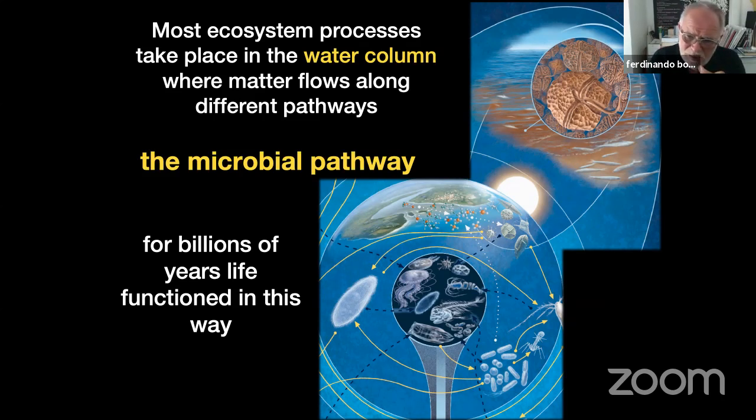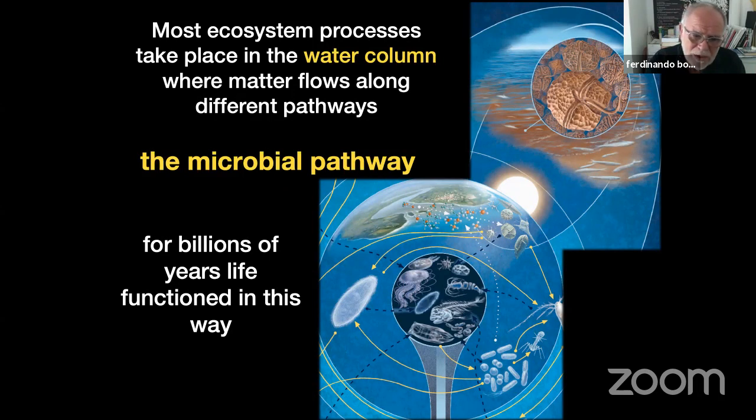The majority of the production on the planet is made by these protists. Other protists, like the protozoans that you see on the left, can feed on the other microbes, both the bacteria and the phytoplankton. This is the microbial pathway. I don't call it a loop because it's open then.